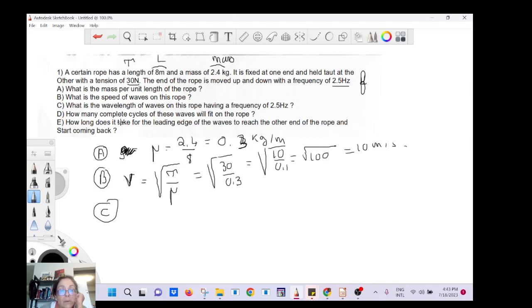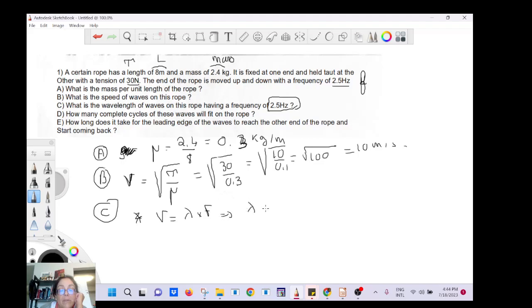C, what is the wavelength? Okay, so we want to find the wavelength of this wave that you can produce on that rope. So we can use the equation: the speed is the wavelength times the frequency.